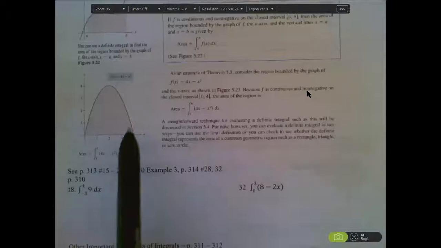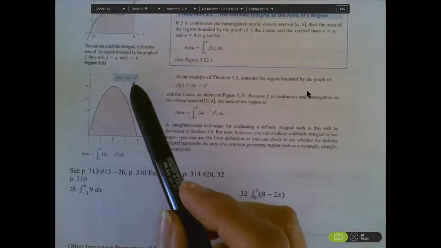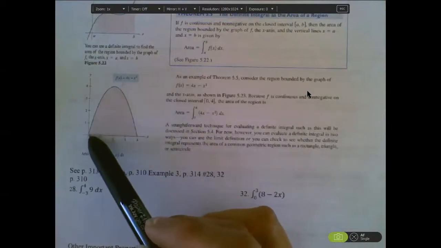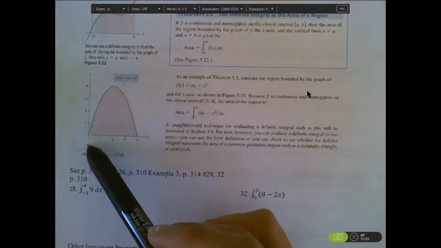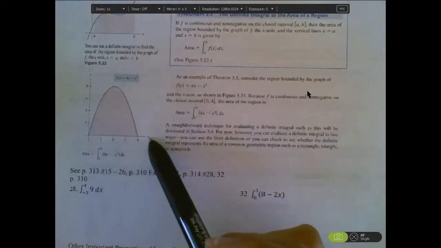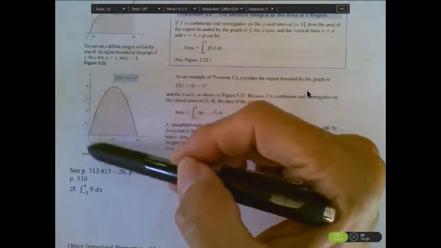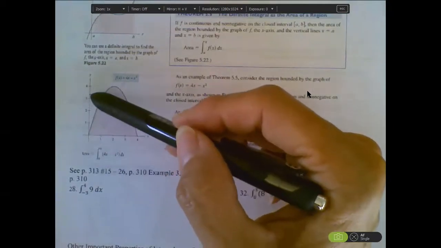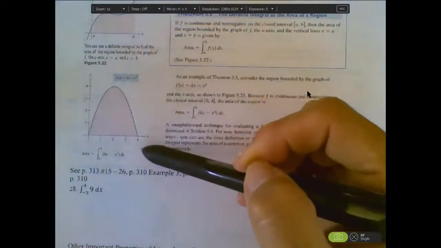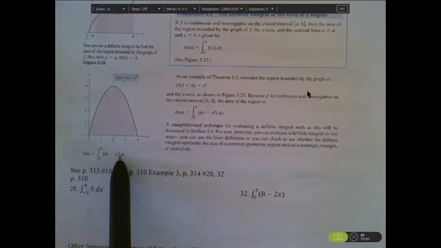So if I ask you to find this area, the area under this parabola 4x minus x squared, bounded by the function 4x minus x squared, the x-axis, and the vertical lines x equals 0 (which is just the y-axis) to x equals 4, you would just find the value of the definite integral from 0 to 4 of 4x minus x squared dx.